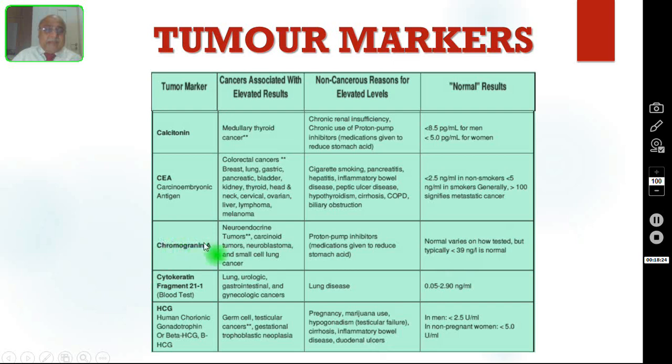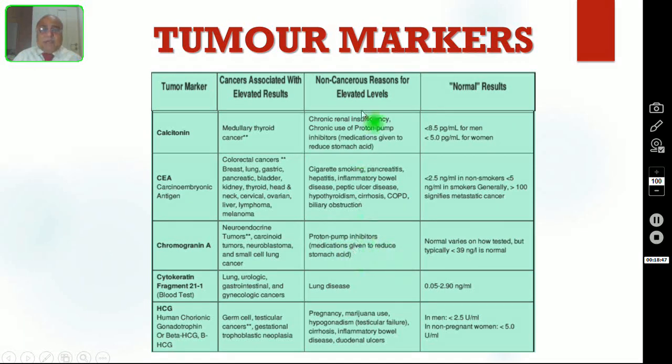So the next tumor marker is chromogranin A. So this is a tumor marker for neuroendocrine tumors, carcinoid tumors, neuroblastoma and small cell lung cancer. The non-cancerous condition is proton pump inhibitor.